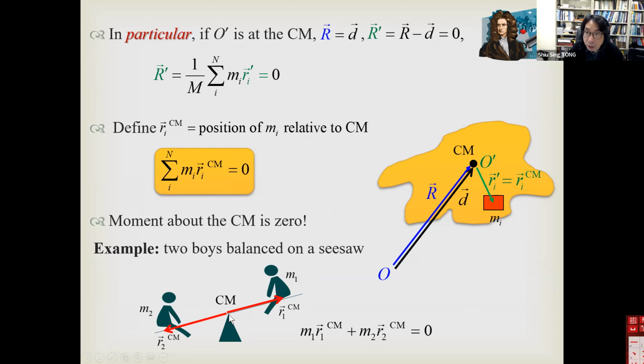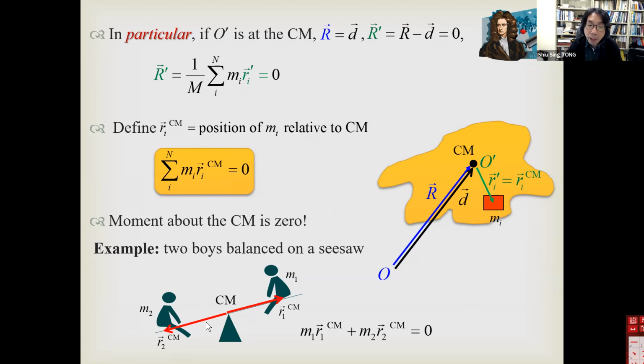So this is the center of mass position. And the coordinates of the two boys relative to the center of mass position I denote by R1^CM and R2^CM. Now the position vector has a superscript CM. That means I measure the position of the boy relative to the center of mass position. I use the center of mass position as my origin.